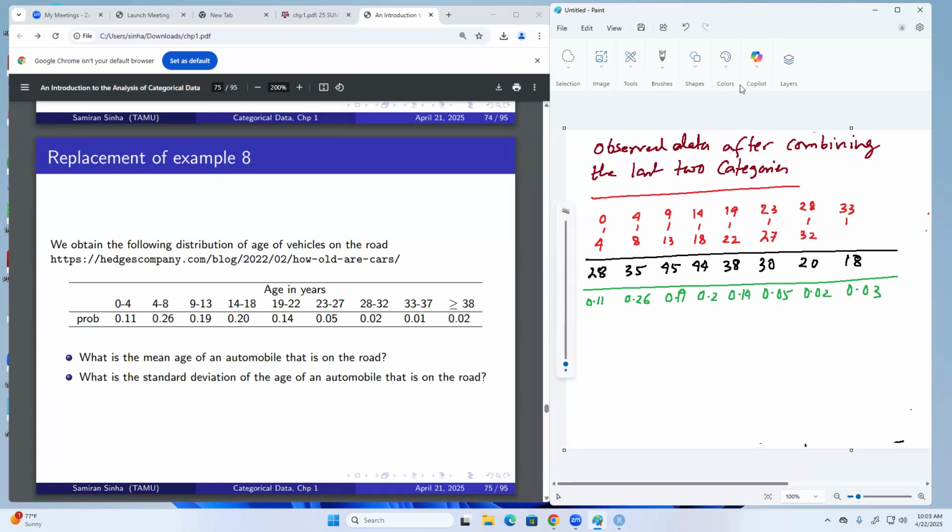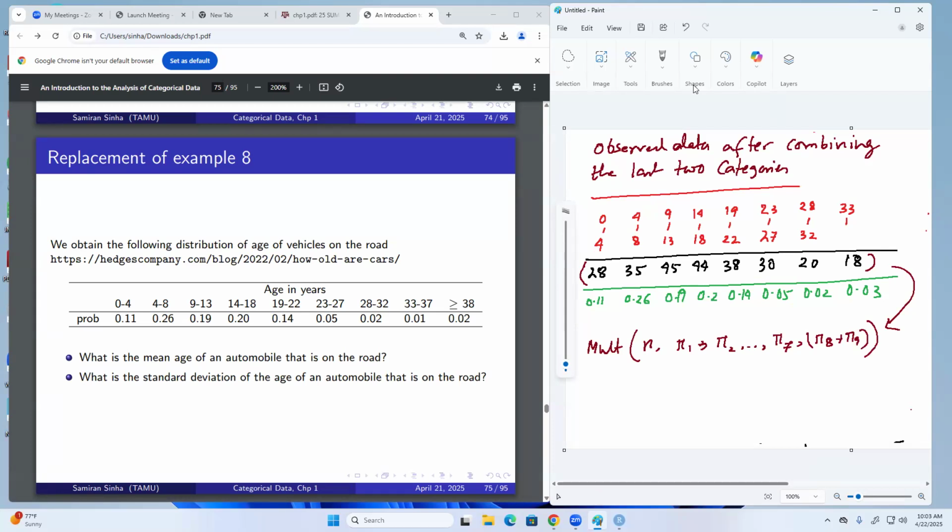So this is an important concept: even if you combine some of the categories, these frequencies still follow a multinomial distribution with the same n, and the corresponding probabilities will be pi 1, pi 2, up to pi 7, and for the last category it will be pi 8 plus pi 9.